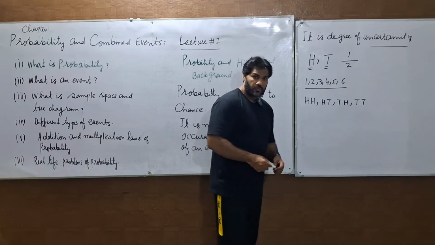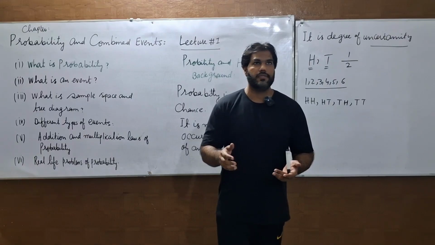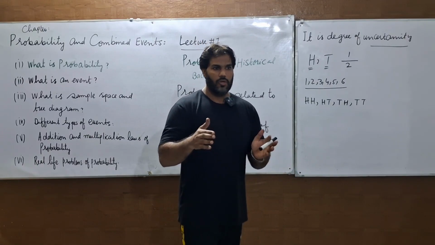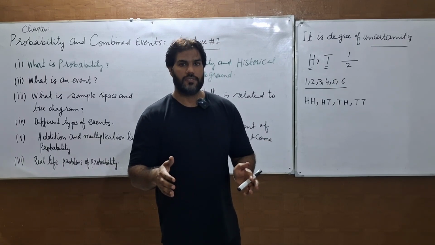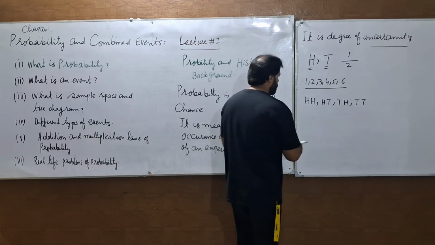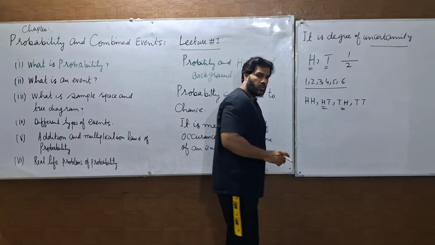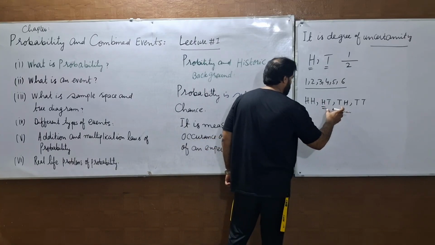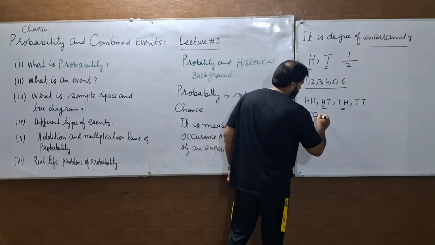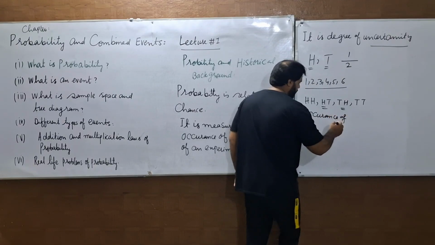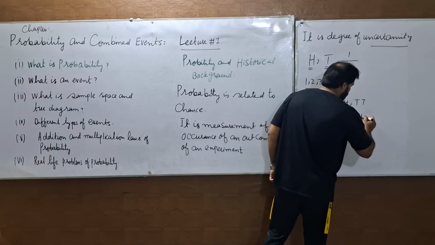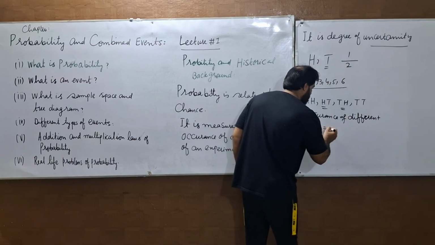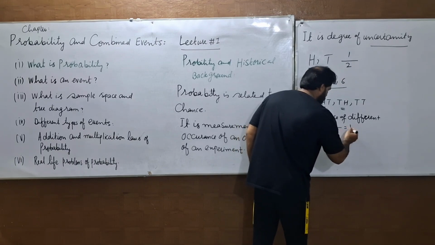If I ask what is the chance of occurrence that both coins have different faces, you can see here there are two outcomes that represent different faces. So the probability of occurrence of different faces is equal to 2 over 4, which is 1 by 2.